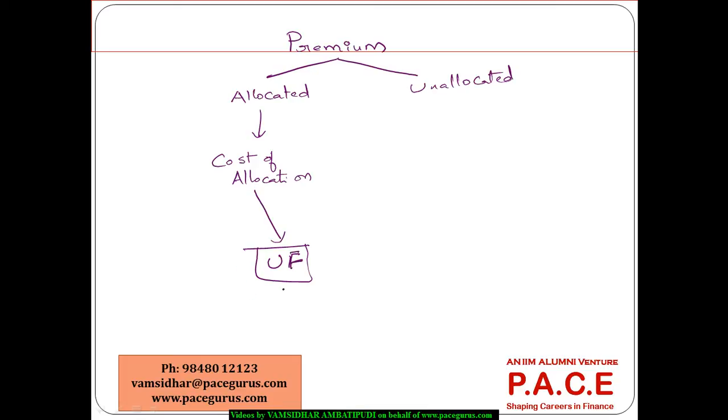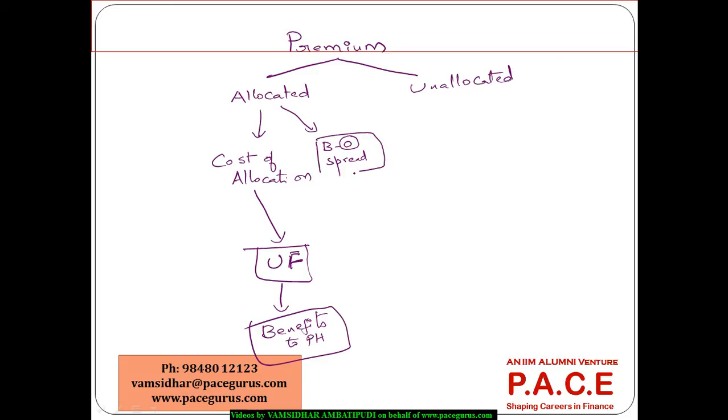Whatever returns the unit fund gives, the benefits are typically paid to the policyholder. But on the other side, out of this allocated portion, we see there is a bid-offer spread, because you are purchasing units at the offer price, but if you are selling them back, you are selling at the bid price.